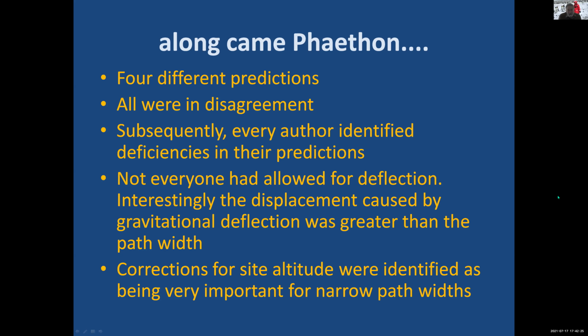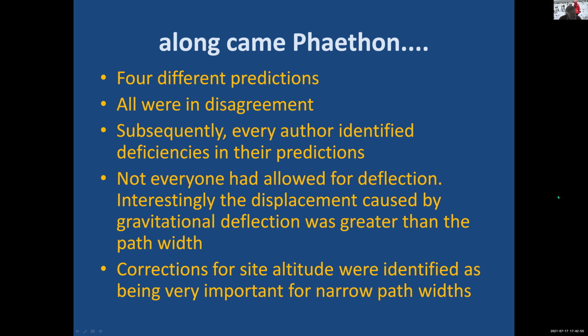And then along came that asteroid called Phaethon, if that's how you pronounce it. In setting up the first observation effort for that, there were 4 different predictions for that event. All had differences from everyone else. No 2 agreed.